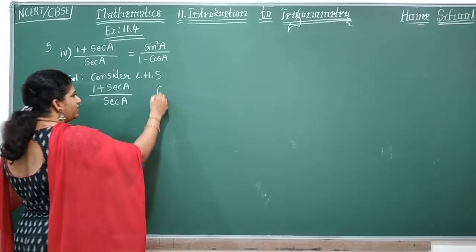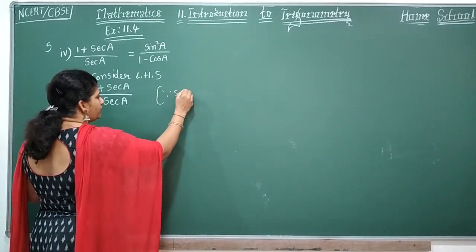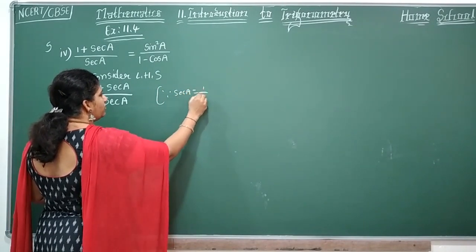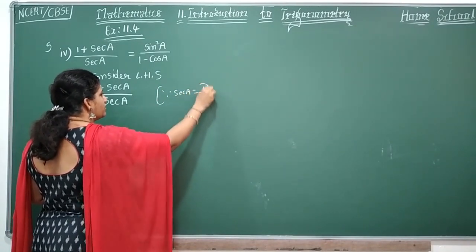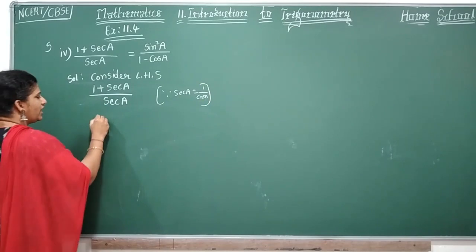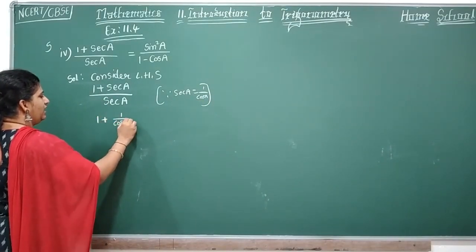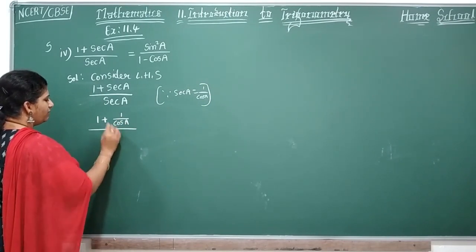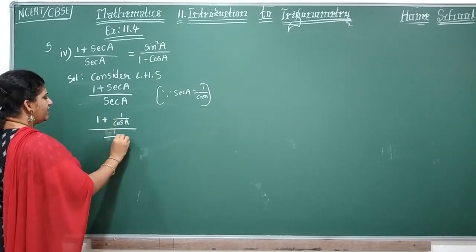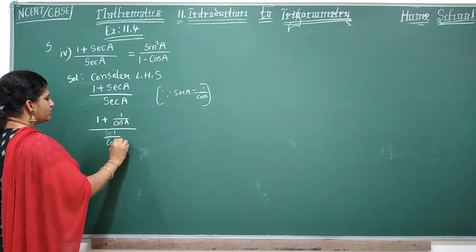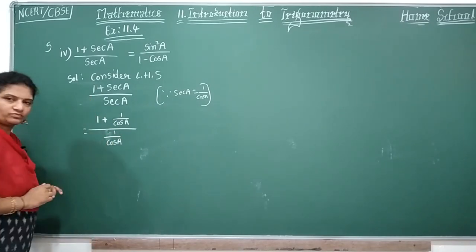So let's write here. We know secant A is equal to 1 by cos A. So substitute now: (1 plus 1 by cos A) whole divided by, again, secant A, which is 1 by cos A, equal to.